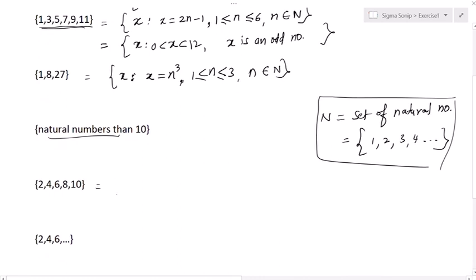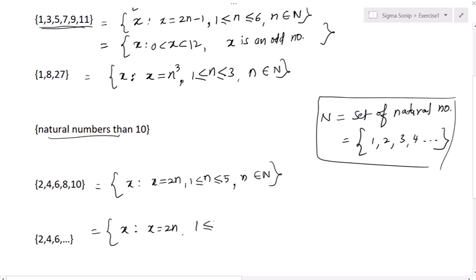So I'll say x such that x equals 2n, where n is less than or equal to 5, and n is a member of the set of natural numbers. There's not much difference here. x equals 2n. This now has an infinite number of members. So here all I need to say is 1 is less than or equal to.